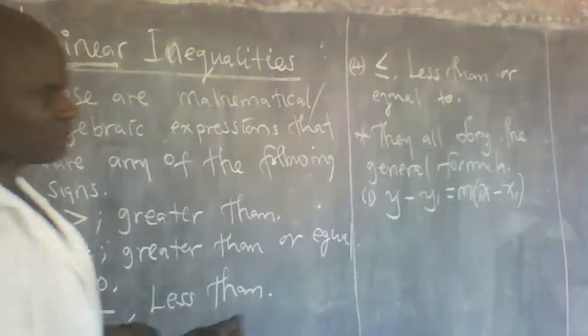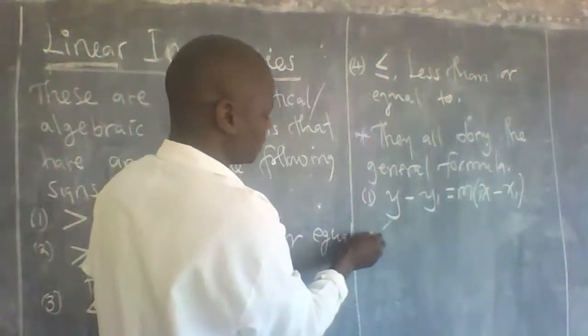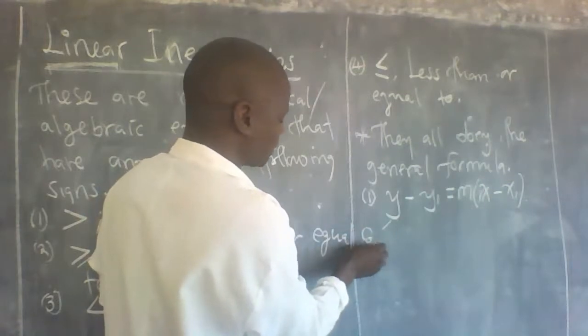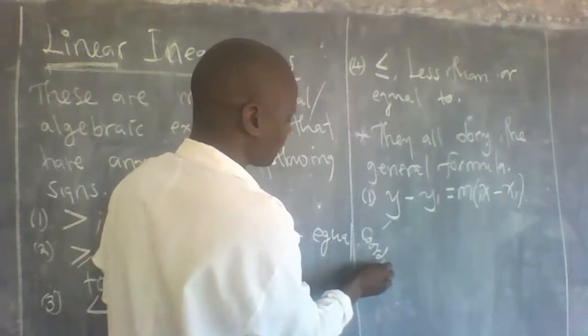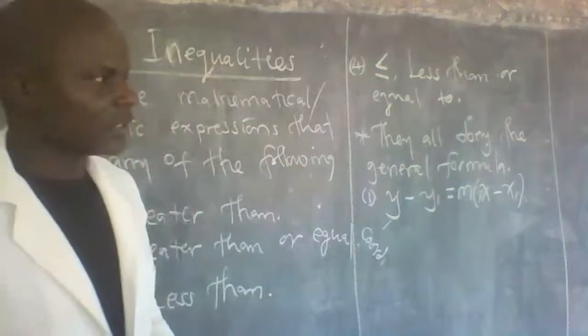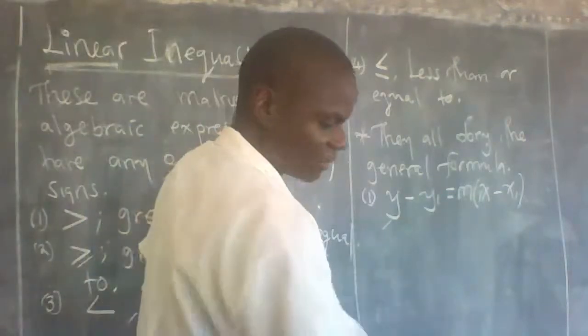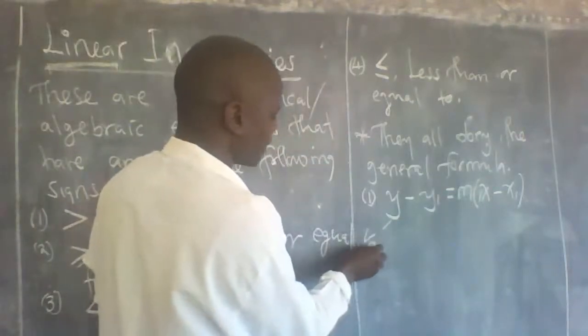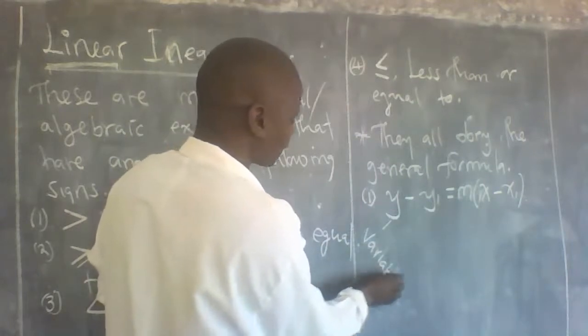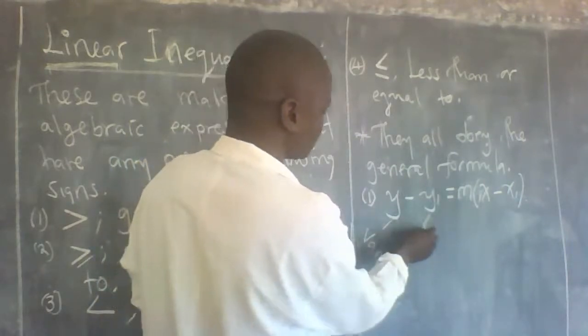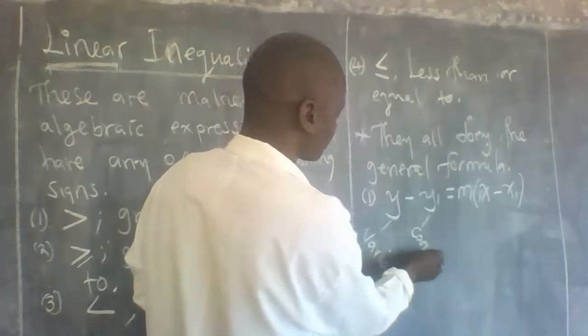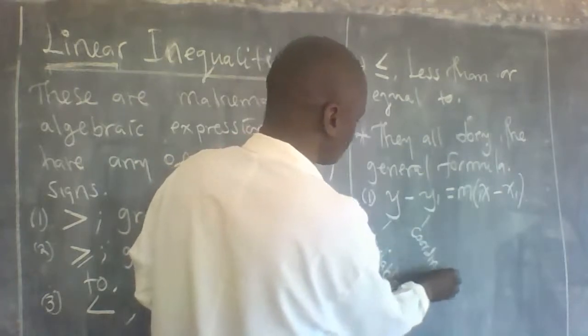Now, what are those parameters that are in there? This is a variable, the y variable. This is a coordinate.